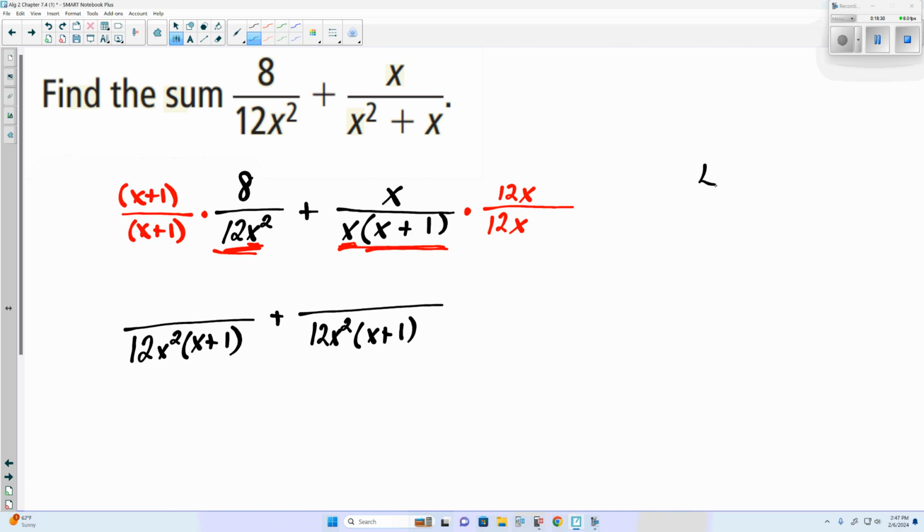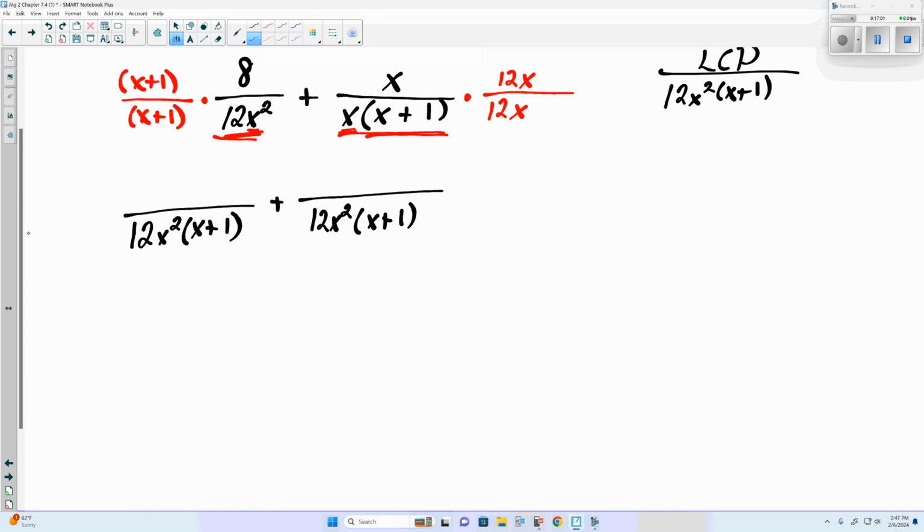So the least common denominator works out to be 12x squared times x plus 1, because it's just what's going to make these two denominators be the same. We can look at the two denominators and see what one has that the other doesn't, what it is missing, and multiply by it to get there.